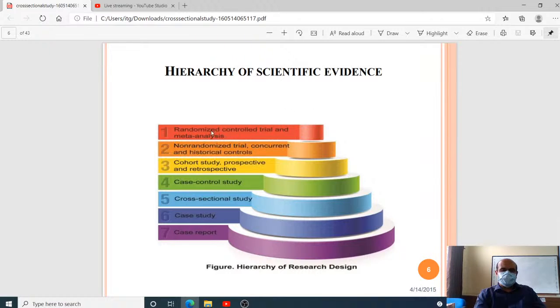These randomized control trials and meta-analyses are the gold standard ways of finding out the association, cause, or exact information about any new disease or any risk factor for the disease.